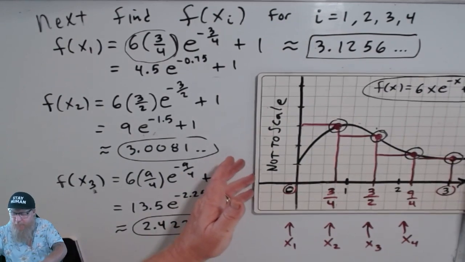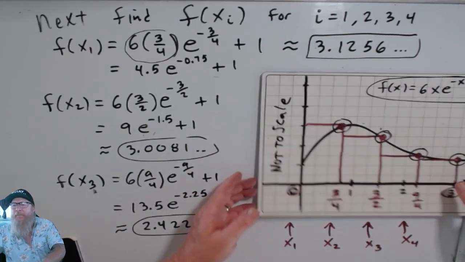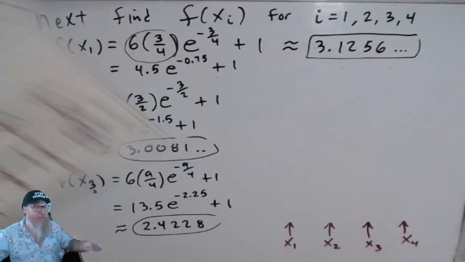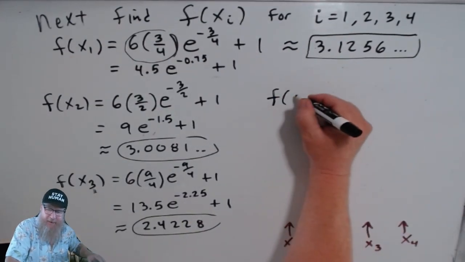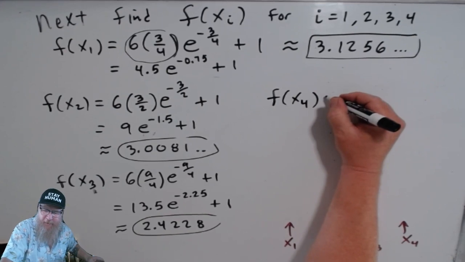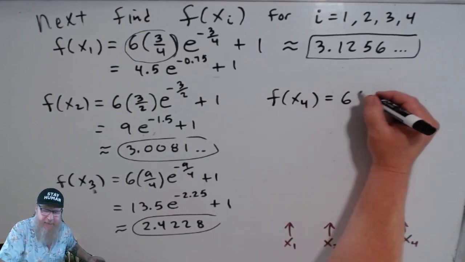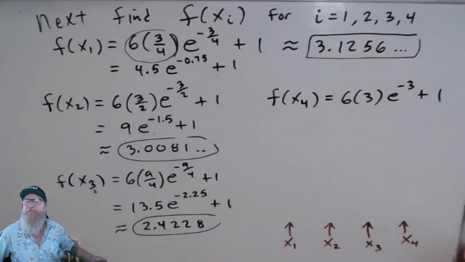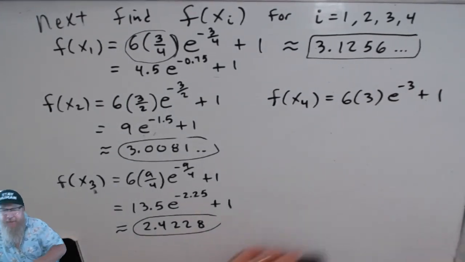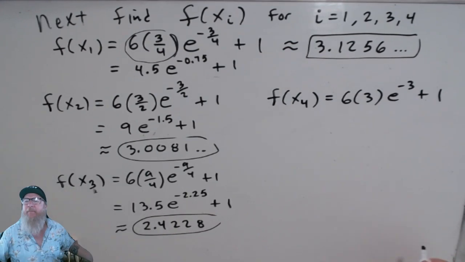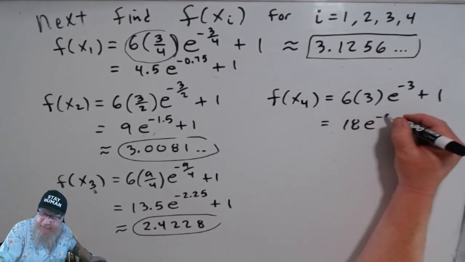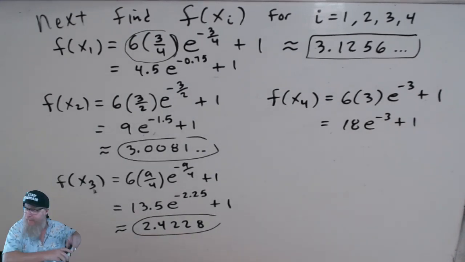And then the easiest one is actually the last one, because the last one, x4, is just the right-hand endpoint. So f of x4 is 6 times 3 e to the negative 3 plus 1. Just plugging in the right-hand endpoint. So that's 18 e to the negative 3 plus 1.